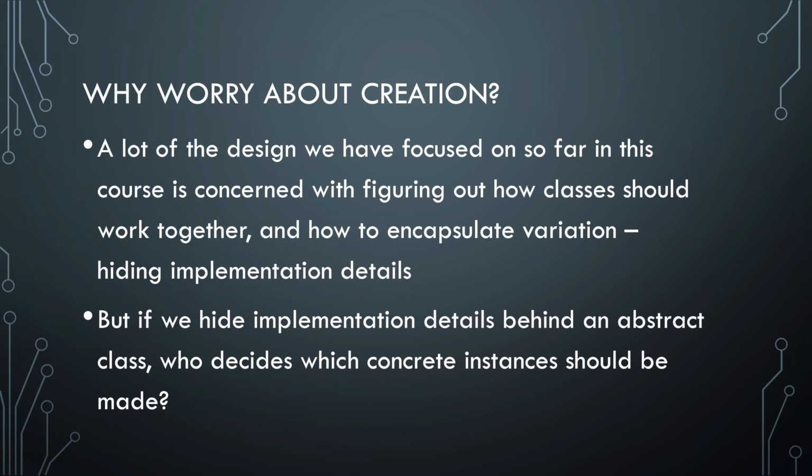Thinking about where objects are created is important. We've looked at various ways in which classes work together, encapsulate variations, and hide implementation details. The counterpart of hiding implementation details is that somewhere in the code, objects still need to be created that contain these details.